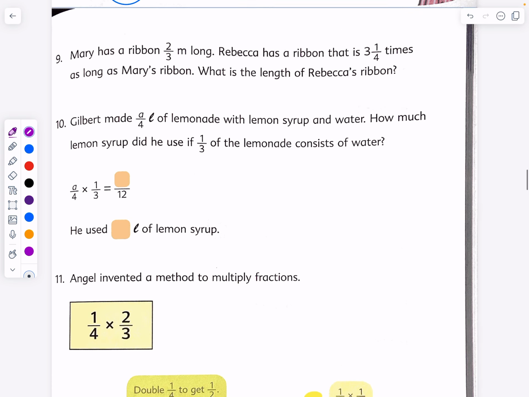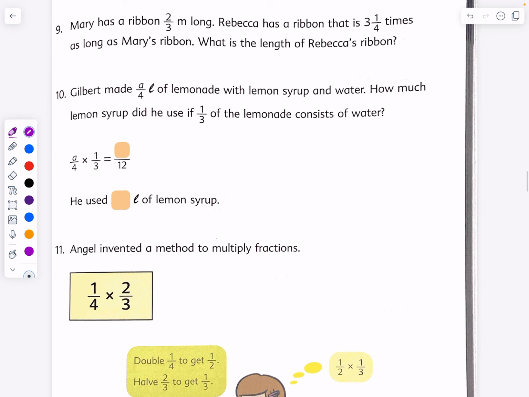Let's take a look at the following page, number 9. Mary has a ribbon 2/3 of a meter long. Rebecca has a ribbon that is 3 1/4 times as long as Mary's. What is the length of Rebecca's ribbon? Well, we know we have to use multiplication, right? 2/3 times 3 1/4. Let's go. 2/3 times 13/4.